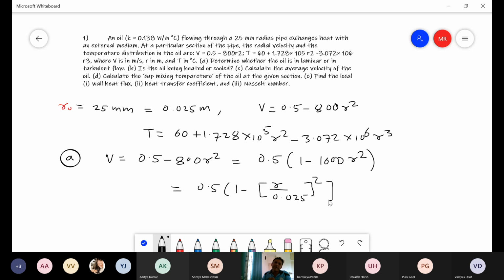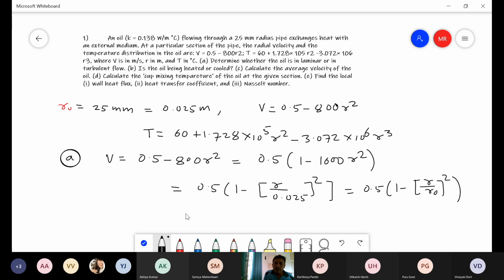Something like this, correct? So this is nothing but 0.5 in the bracket 1 minus r by r naught square, isn't it? So if you take the square of 0.025 and inverse it, that is going to give you 1600, isn't it? So that's clearly fitting in this particular equation.